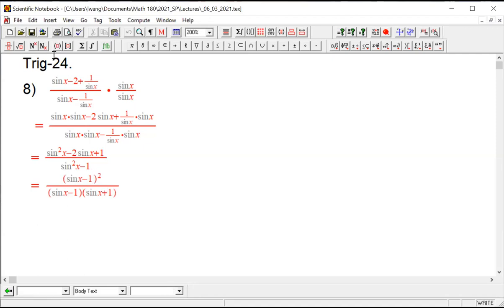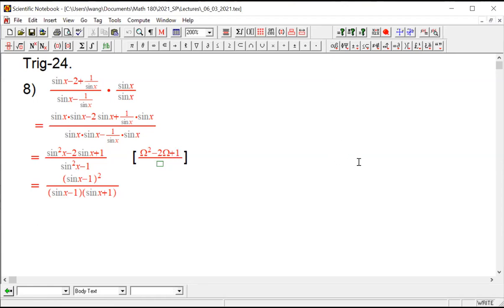You follow me? So what is this form? The form on the top is basically omega squared minus 2 times omega plus 1.